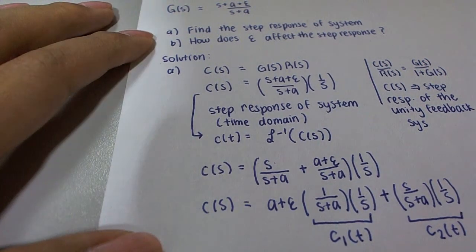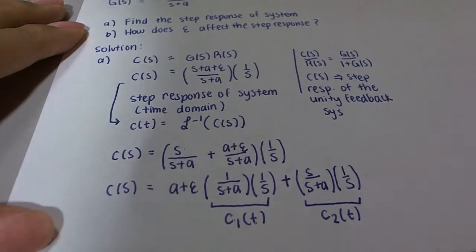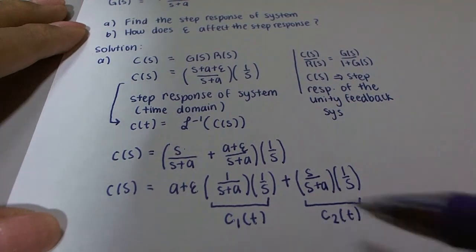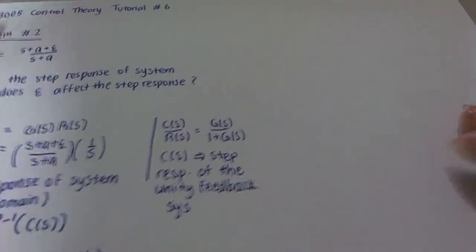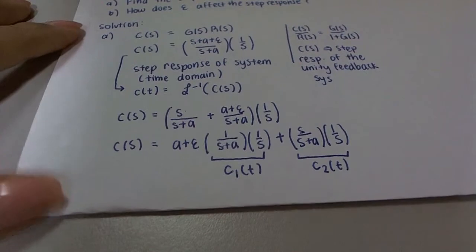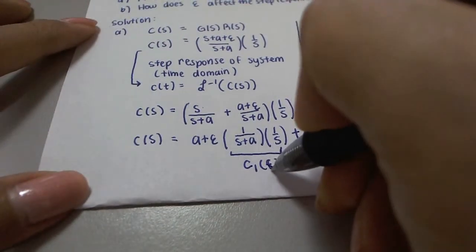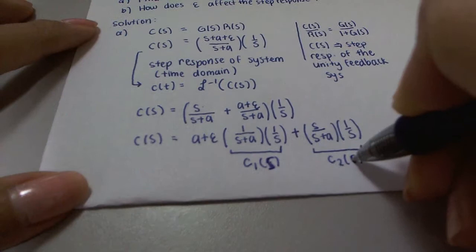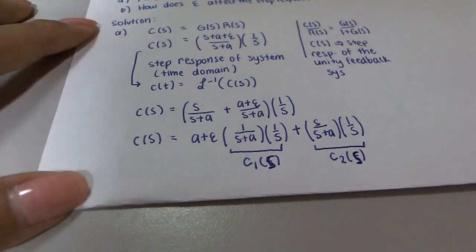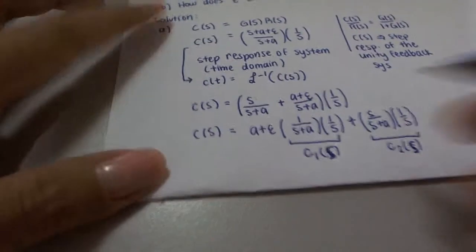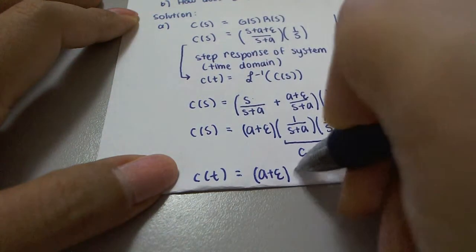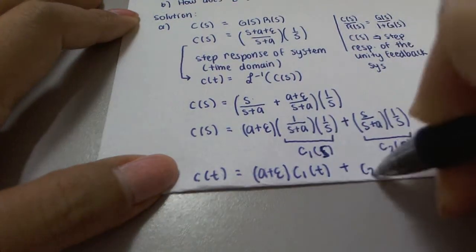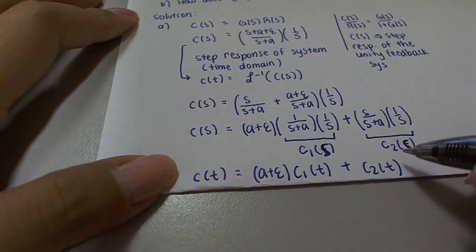Of course, the inverse Laplace transforms will be C1 of t and C2 of t. So if we solve the inverse Laplace transform, we can get C(t) equals (a + epsilon) multiplied by C1(t) plus C2(t). So that's the form that we want to find.